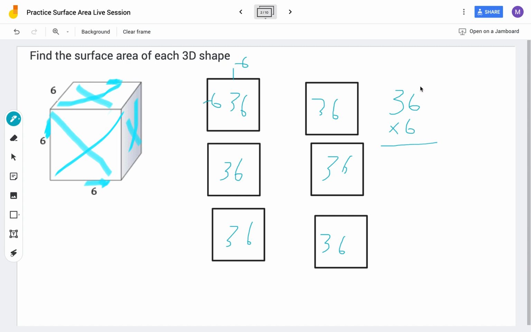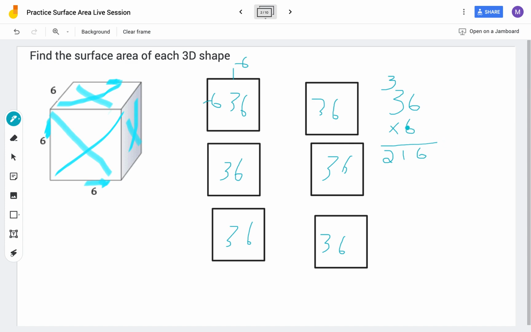I know that 6 times 6 is 36. And I'll bring my 3 up to here. All right. I know that 6 times 3 is 18, plus 3 more. So our answer is 216.